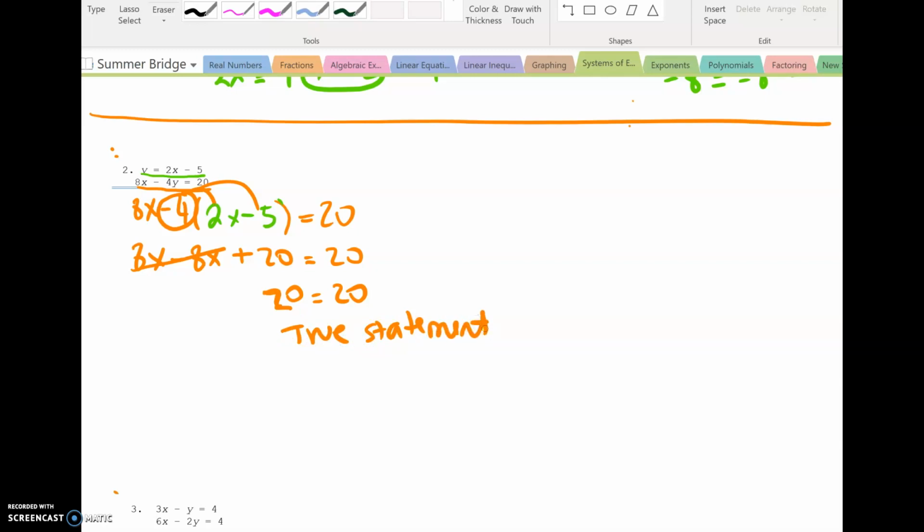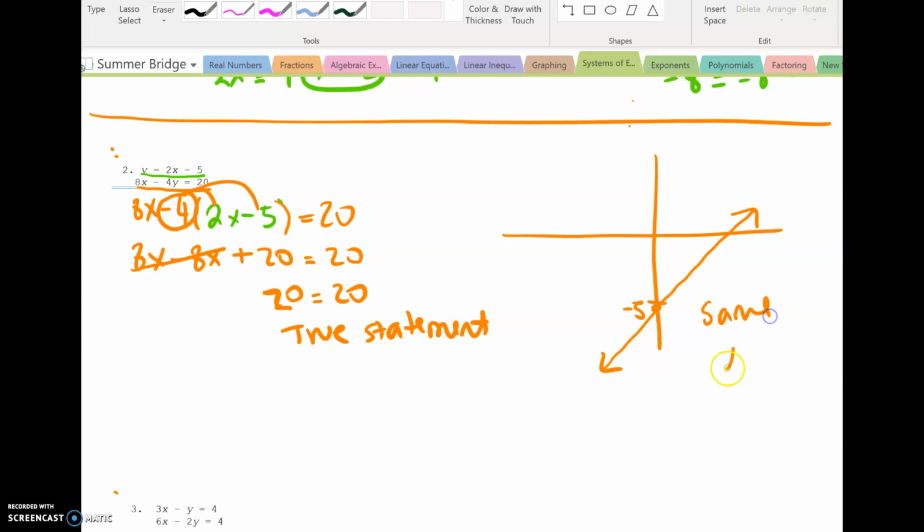Which means to say, if we were to graph these equations, we would find that when we're starting at like -5 here, and we have a positive slope, it would look something like that. If we were to graph both lines, we would find that it is one line on top of another line, meaning to say it is the same line.